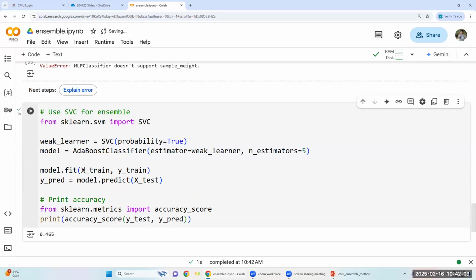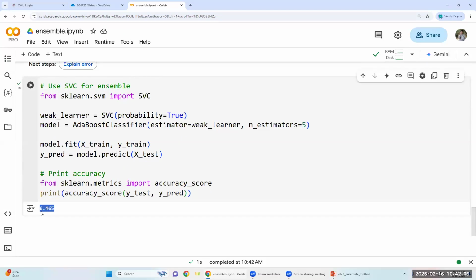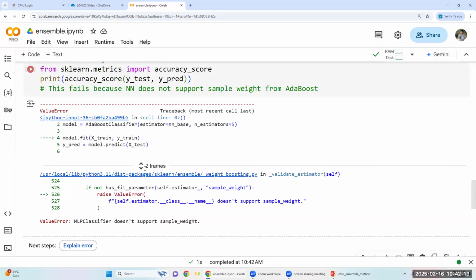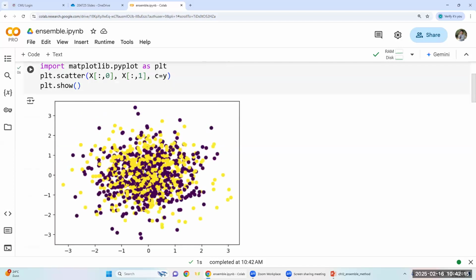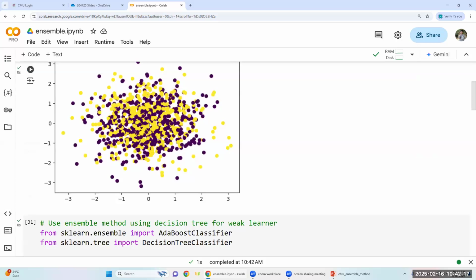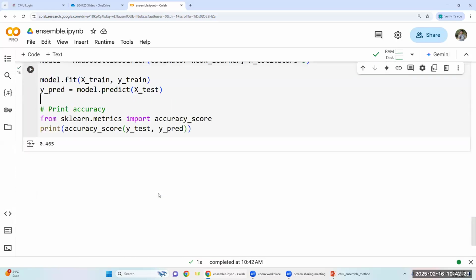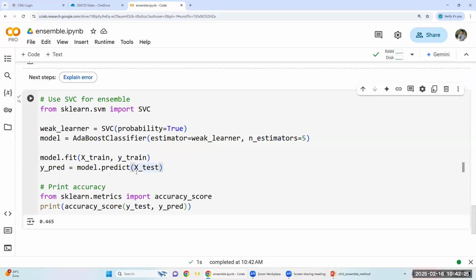So this one we have 0.465. It's basically a lot worse than the previous two. SVM cannot separate this for sure, but also it is stable, so you're not going to get different opinions.